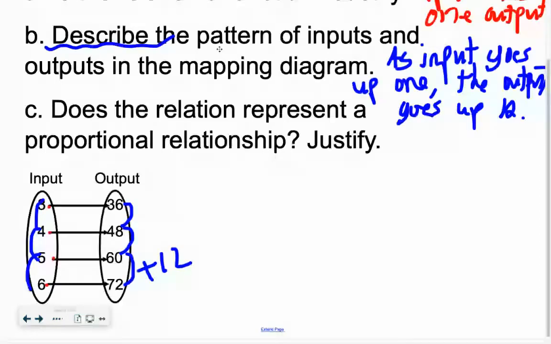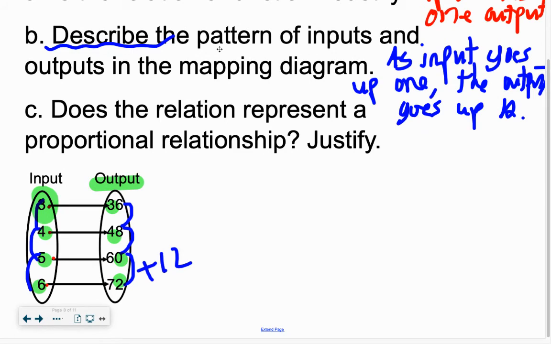One other way you can look at it is when you just focus in here. How does 3 become 36? How does 4 become 48? How does 5 become 60? How does 6 become 72? You could just tell me the pattern of the inputs is the output is 12 times the input, right?